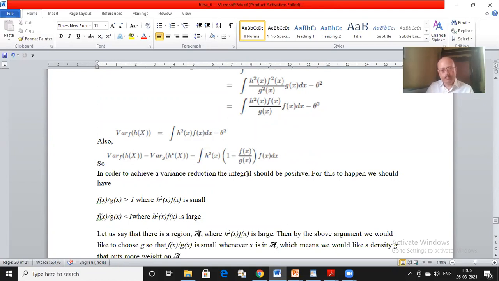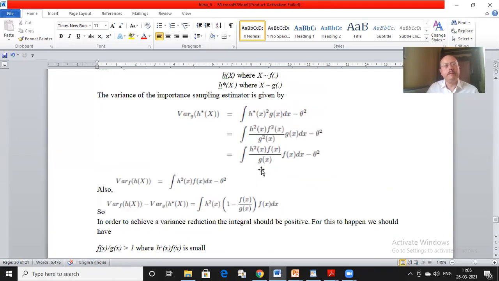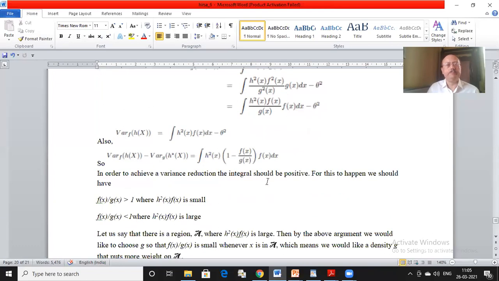G is in my control. So I will choose g to be larger than f where I have more mass. Mass in this sense, not in the original density, but in the h square into f sense, where both of these things are known to me, and give less mass to the remaining region.